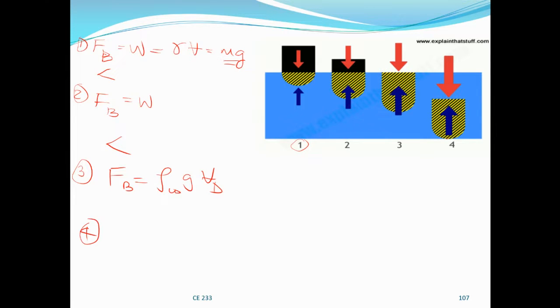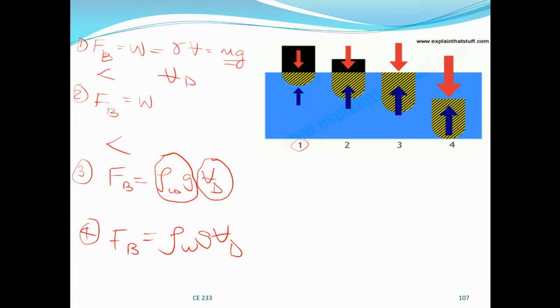As indicated by the arrow, it is a little bit bigger, but the blue arrows for the buoyant force in 3 and 4 are the same, because the buoyant force will no longer increase. The buoyant force remains the same because the volume displaced by the fluid remains the same. Density and g remain constant. So the volume displaced in both cases remains the same. What about the volume displaced here?